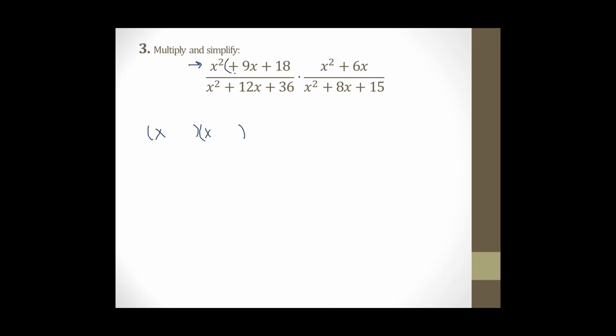I bring down the first sign, so that's a plus, and then I multiply the two signs together to give me the second sign. A positive times a positive is also a positive. Now I have to look for the factors of 18. When you have the same signs in here, I need to add to give me the middle number, which is 9. So which factors of 18 add to give me 9?